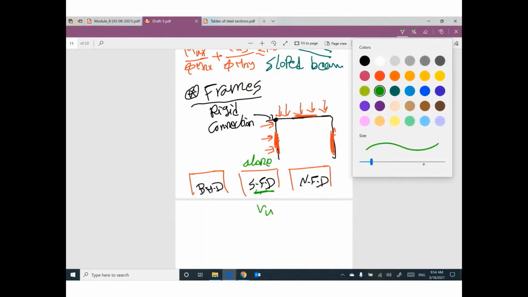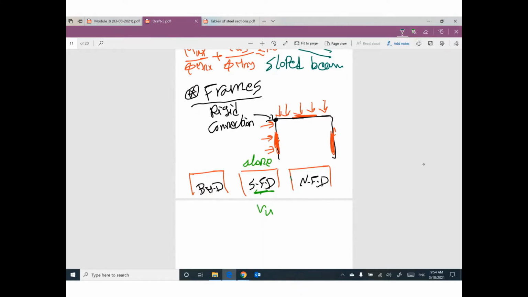But go ahead and see this column. I'm sorry, I cannot say column. This member has P ultimate. At the same time, this member has M ultimate. Wow. If this member under the effect of P ultimate only, I can say it's a column.